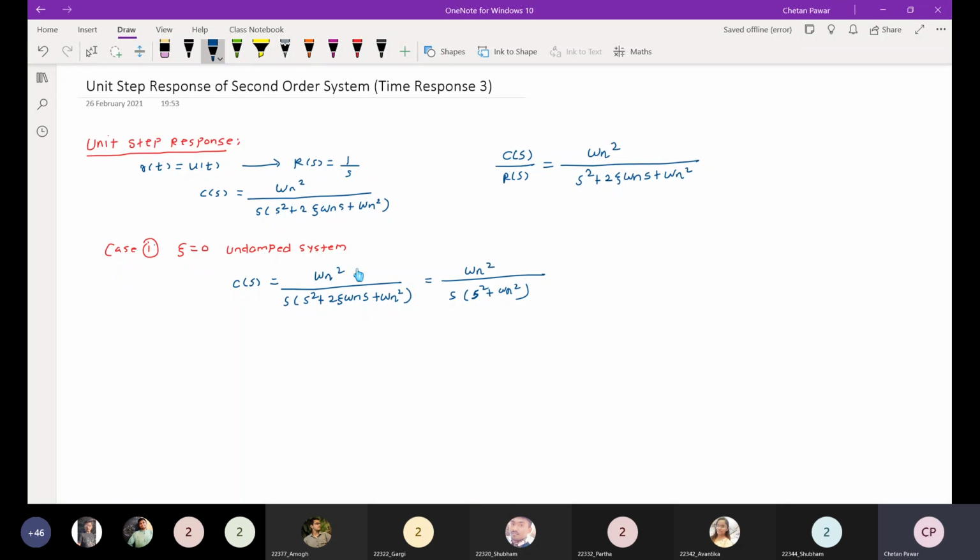What is meant by response? That is the time domain. What is meant by output response? That is the time domain representation of the output.